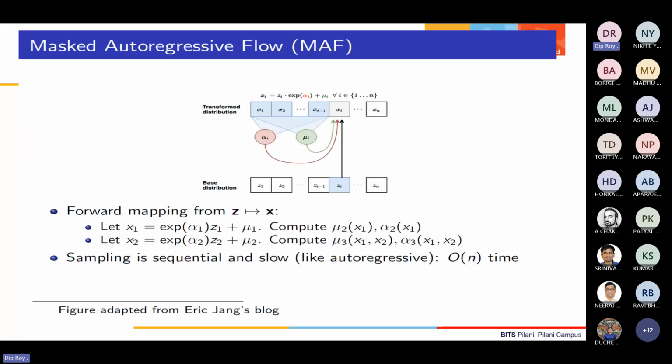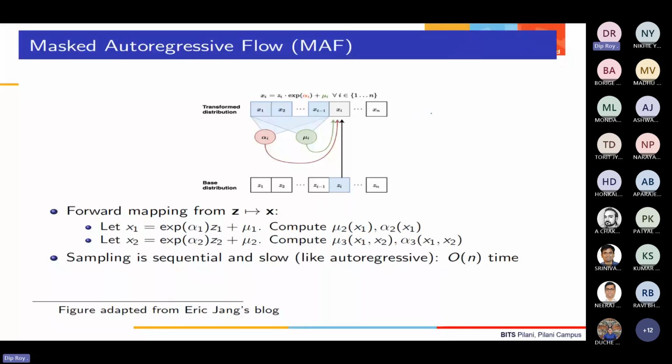This particular architecture is called the MAF, or the masked autoregressive flow. You might be confused a little bit here when I show you two versions of it, but let me just tell you what exactly we are trying to do.